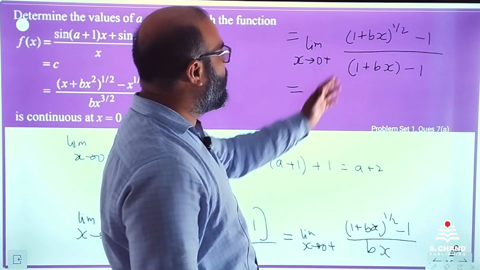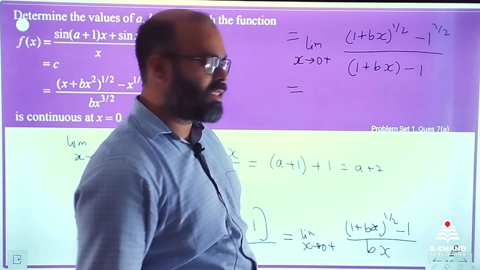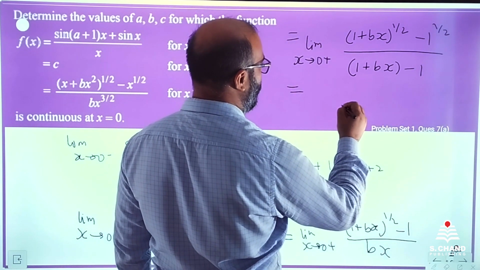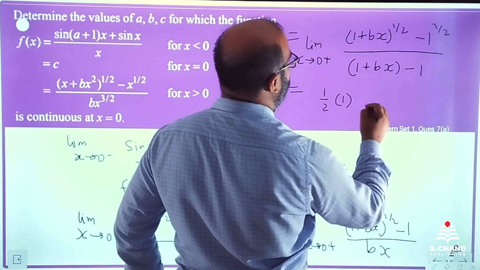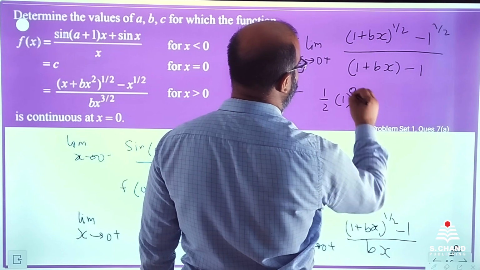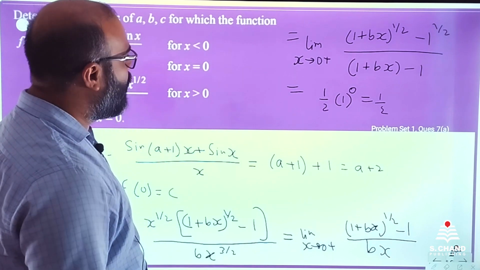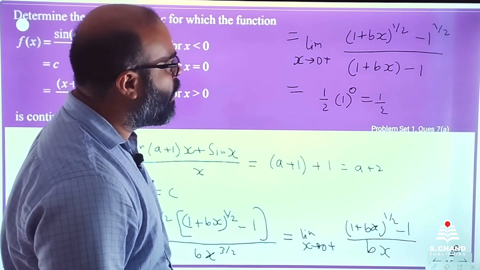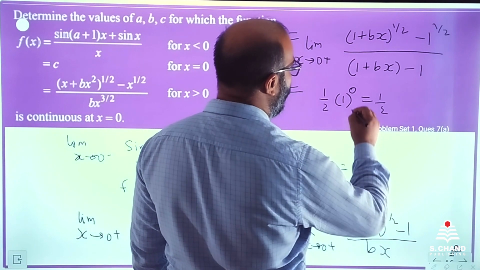If you take the formula (x to the power n minus a to the power n) by (x minus a), this will be n a to the power n minus 1. So n a to the power n minus 1. It will be half, so what we come to the conclusion here is half times 1 to the power n minus 1.